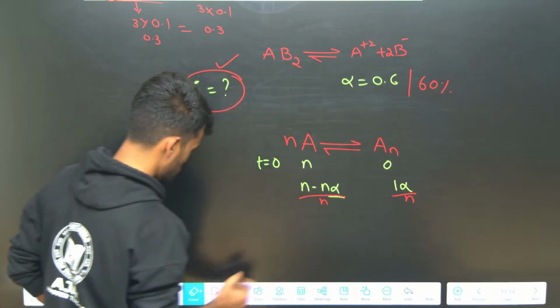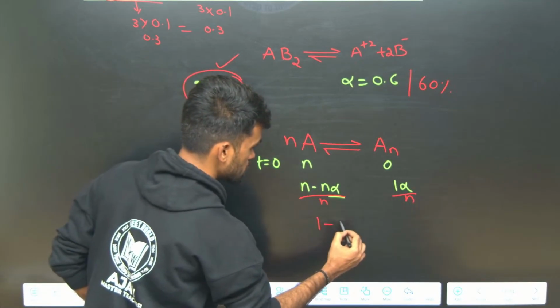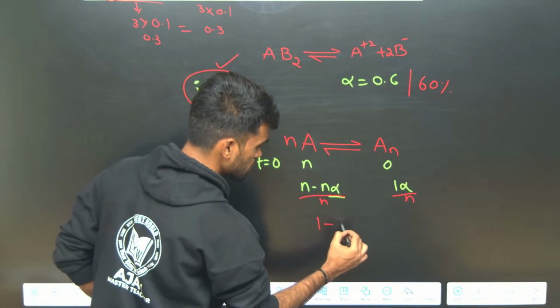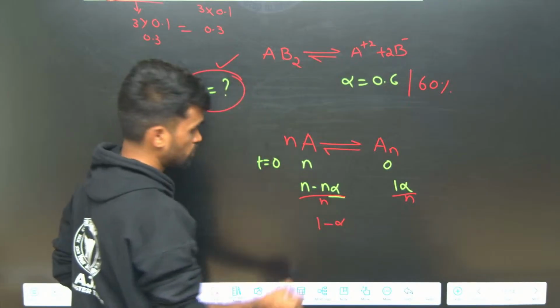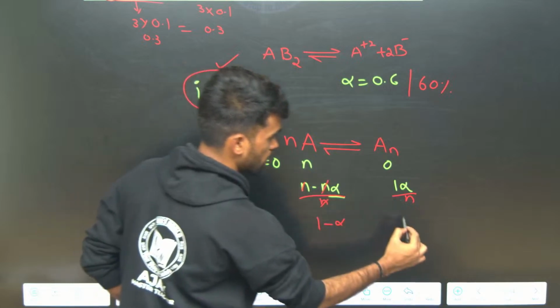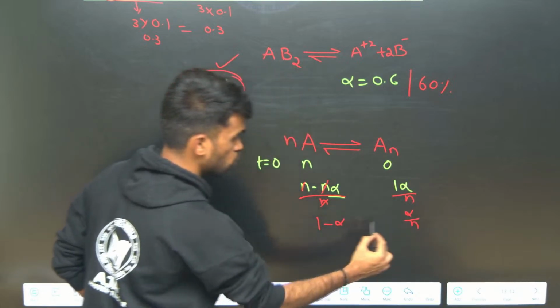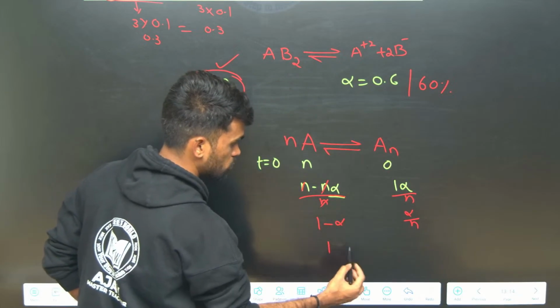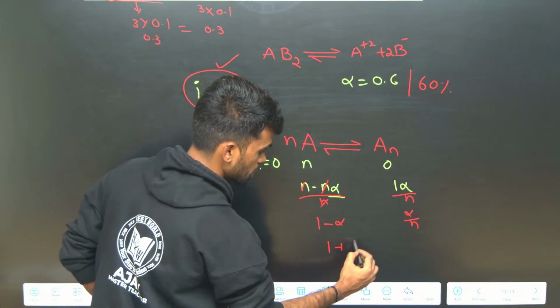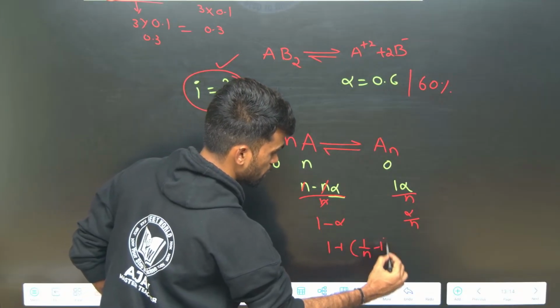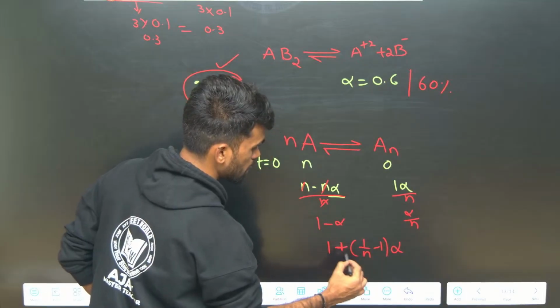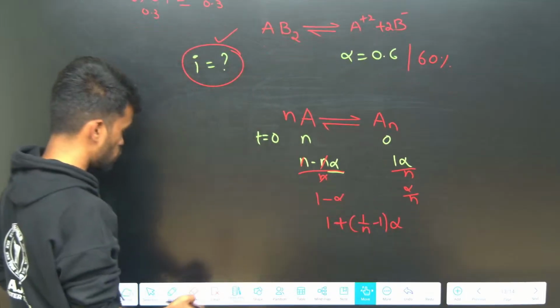So what will we get? We will get 1 minus alpha here, because this is removed, and here we will get alpha by n. So the total number of particles, now tell me, it is easy now. So 1 plus (1 by n minus 1) alpha. This will be the number of particles after association.